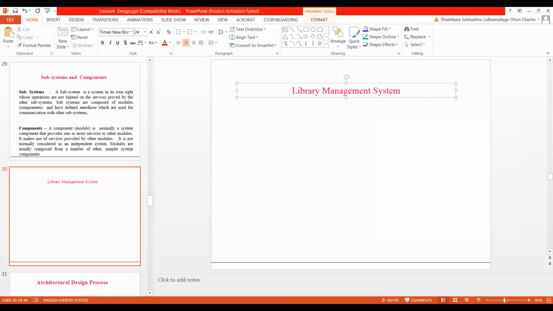Yes, if you have written the answer, you can send me the answer. Okay, this is an activity, you can do it. If you have understood the concept like what is a component, what is a subsystem, you can answer this. In the library management system, what are the components and what are the subsystems?